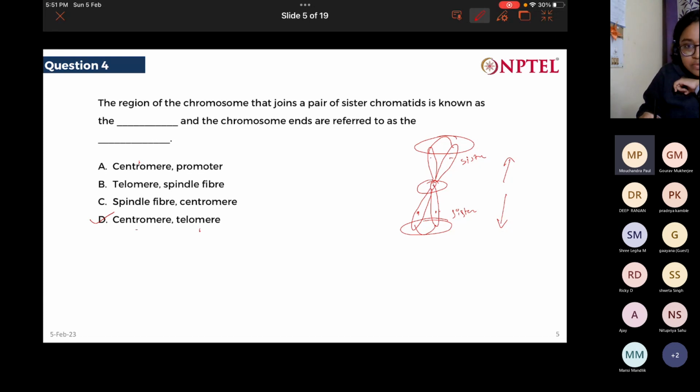Okay, where the spindle fibers are connected, and then during anaphase, they separate out after metaphase. Okay, and from this region, these are the telomeres, which protect this DNA chromosome structure. Okay, these have protective roles, and the entire chromosome has DNA in it, which corresponds to different regions that code for genes or are non-coding sequences. So the answer here is centromere. Means centromere and telomere. The answer is D.